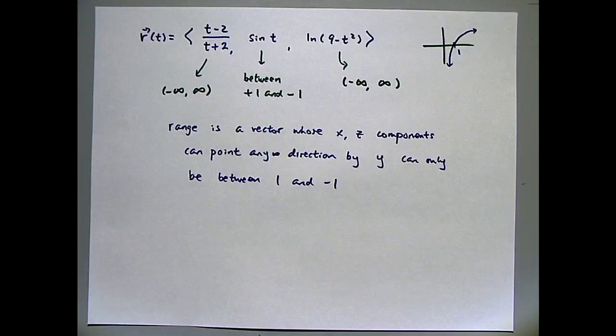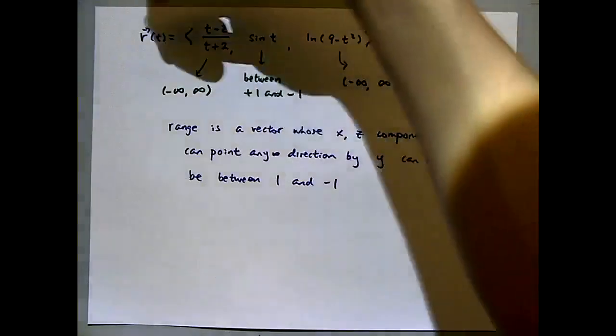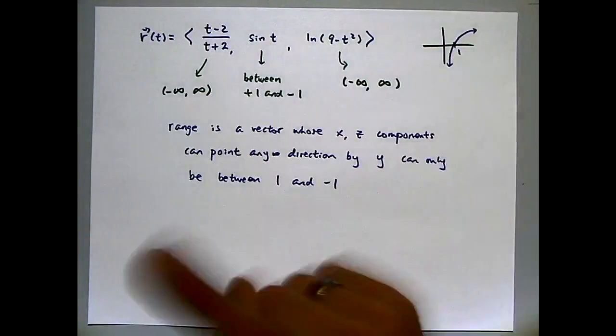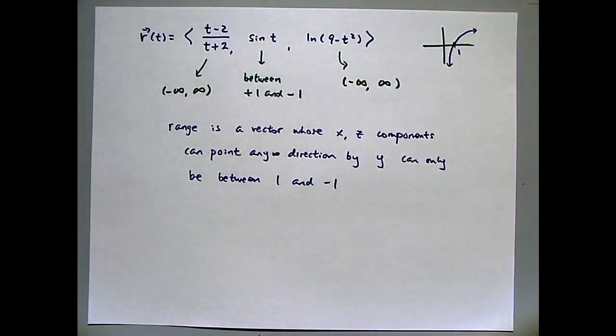But the story here is the same. Everything you know about scalar function, as far as domain and ranges go, still apply to a vector function. You just got to remember now we're dealing with a vector and not a scalar anymore. So we're dealing with something that can point in certain direction, and of course the length can change depending on what those components turn out to be.